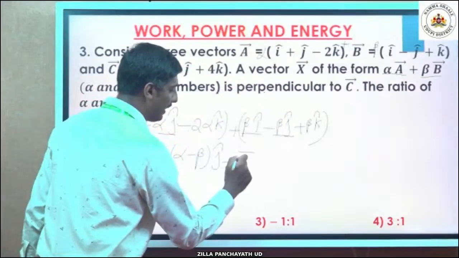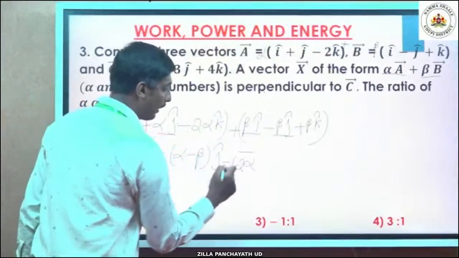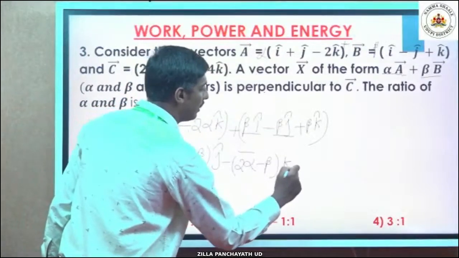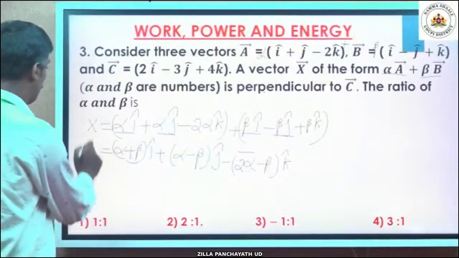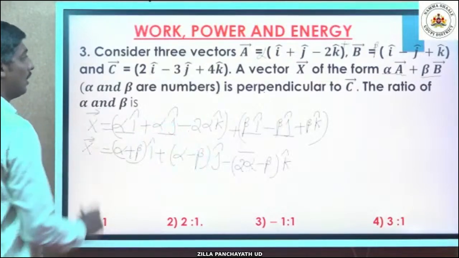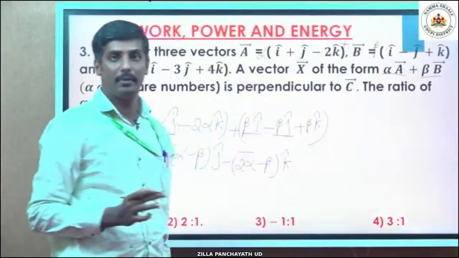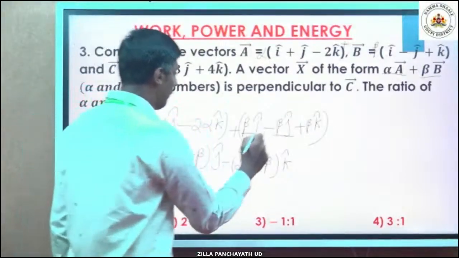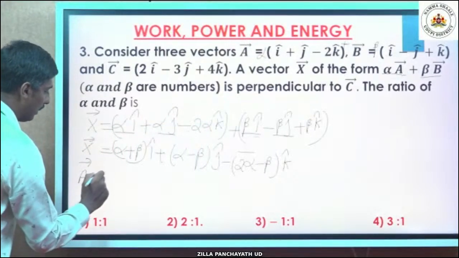So I take minus common there: 2 alpha, and I've taken minus common, so it becomes minus beta, that much times K cap. Now this is the X vector, students. Now what he said is that this vector is perpendicular to C. See, X is perpendicular to C. Whenever two vectors are perpendicular, I mean, see, what is A dot B?